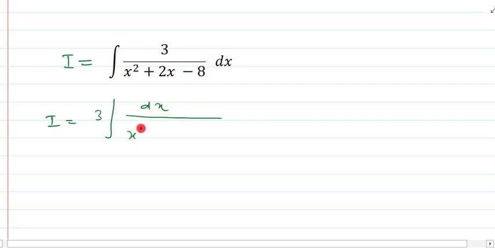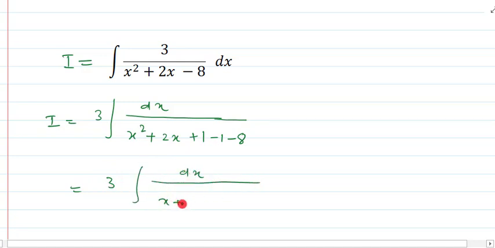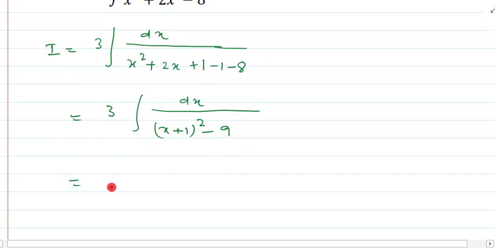So x square plus 2x plus 1 minus 1 and minus 8 as it is, there is no change. So you will be left with 3 dx upon x plus 1 whole square minus 9. So you have 3 dx upon x plus 1 whole square minus 3 whole square.